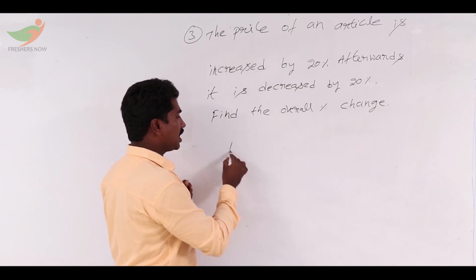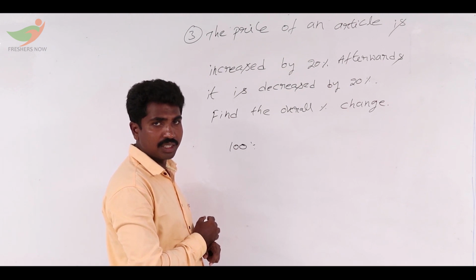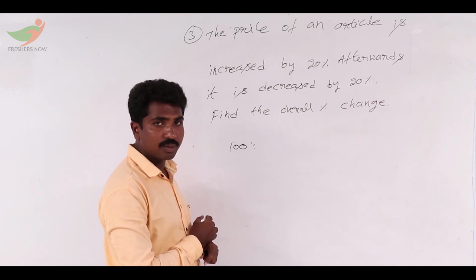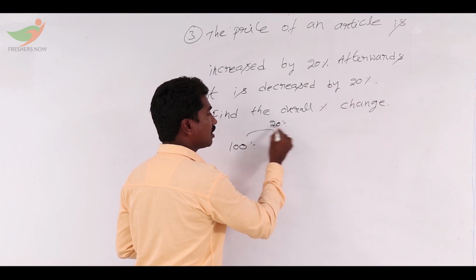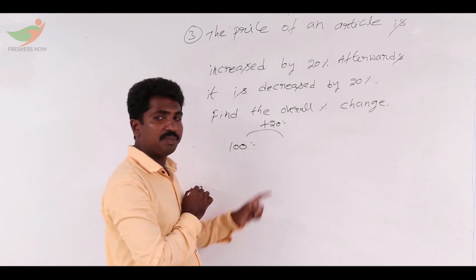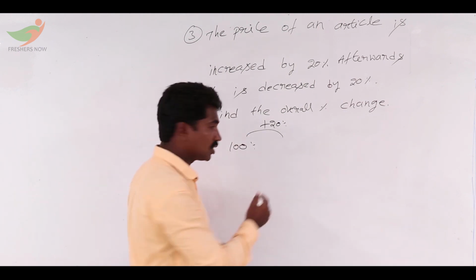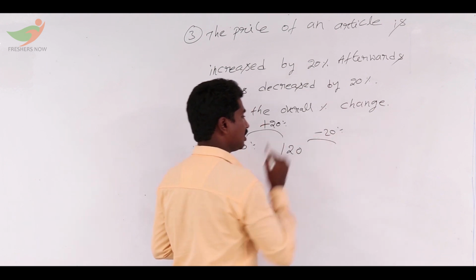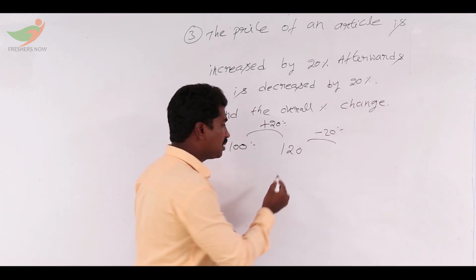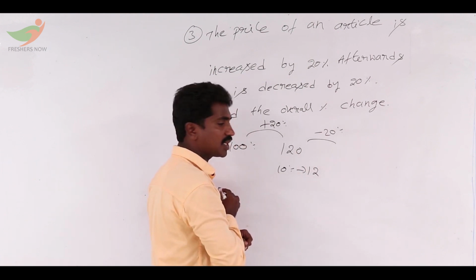Here initially I am taking the price as 100%. It is increased by 20%. On 100, 10% value is 10, 20% value is 20, so 120. Later it is decreased by 20%. On the number 120, 10% value is 12, put a point after 1 from the right.